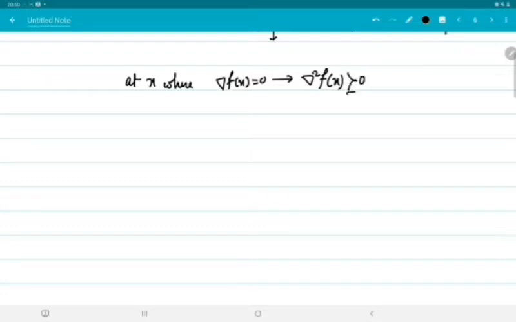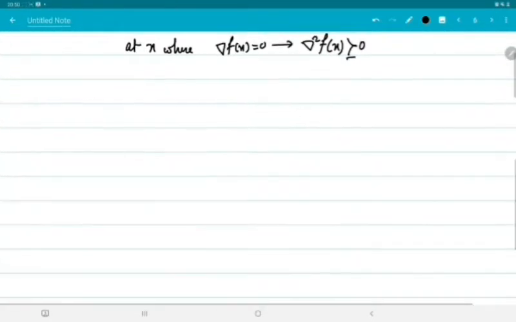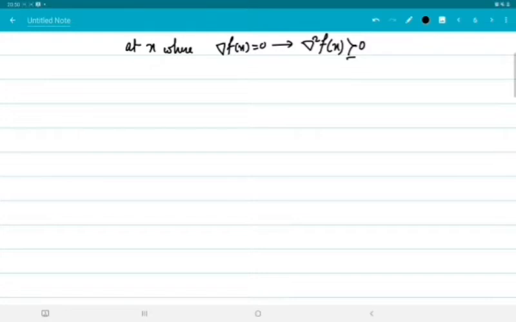That is something we can state which is analogous to our R to R case, but this is not sufficient. In most cases, even if this condition holds, the quasi-convexity may not hold. So the complete definition of the second order conditions is given by this.